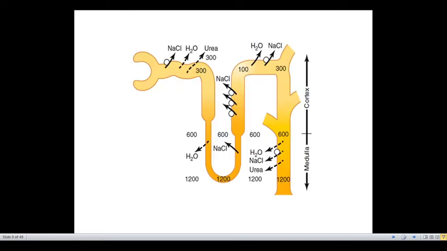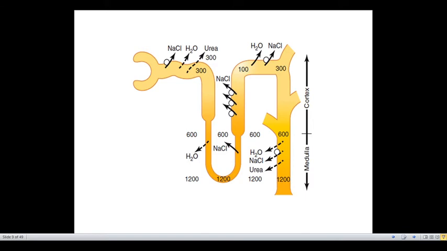This figure shows formation of a concentrated urine when antidiuretic hormone levels are high. Note that the fluid leaving the loop of Henle is dilute but becomes concentrated as water is absorbed from the distal tubules.